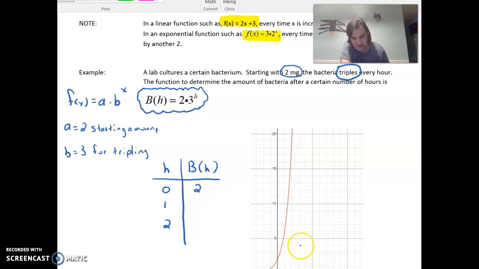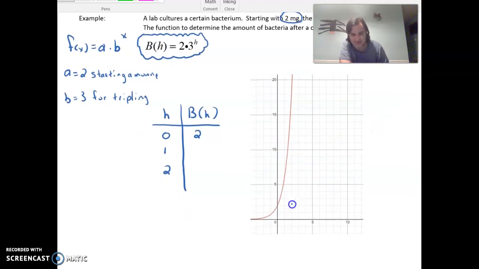So on my graph, here is the point 0, 2. Down here would be hours, and over here would be bacteria. And if I plug in 1, that'd be 2 times 3, so that'll be 6.